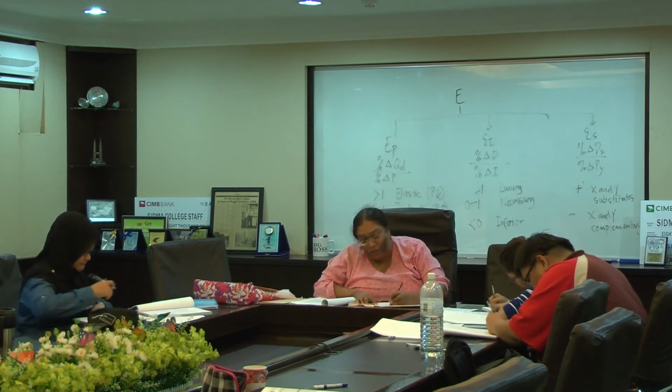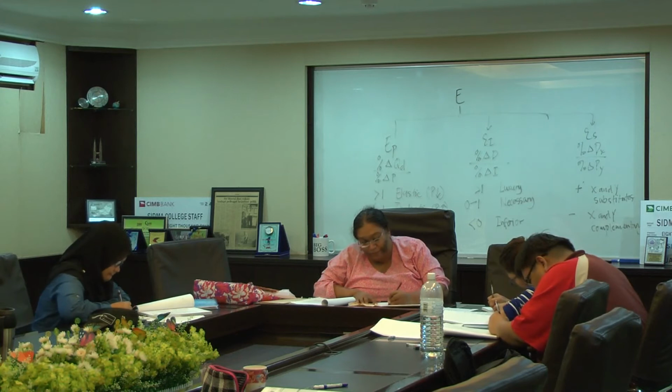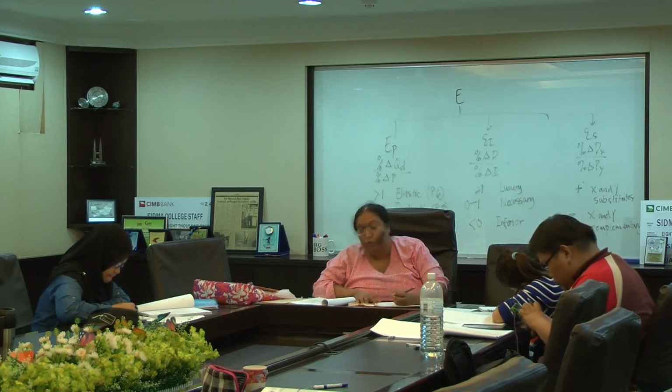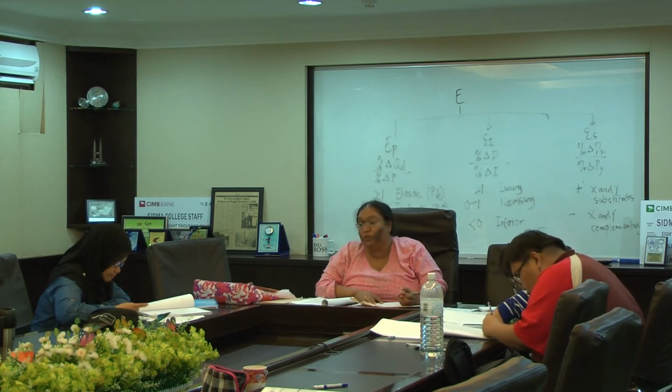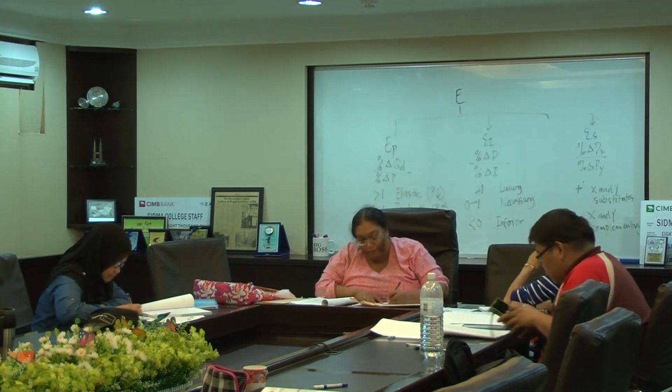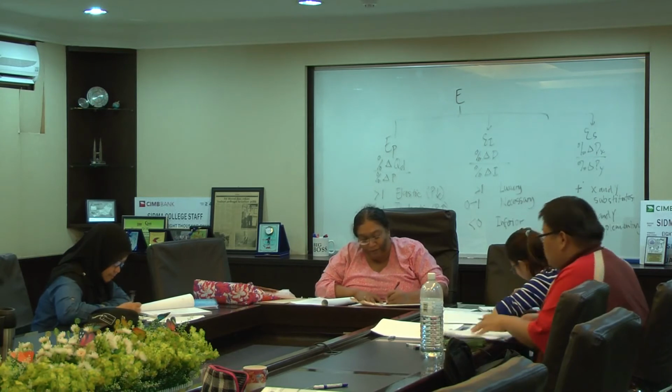Just say, average income in year 2000. Average income in year 2000 is 45 ringgit per week.